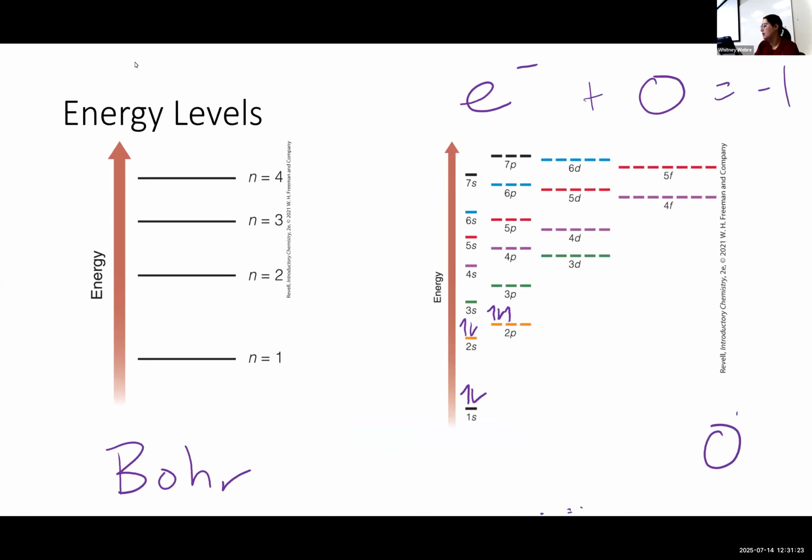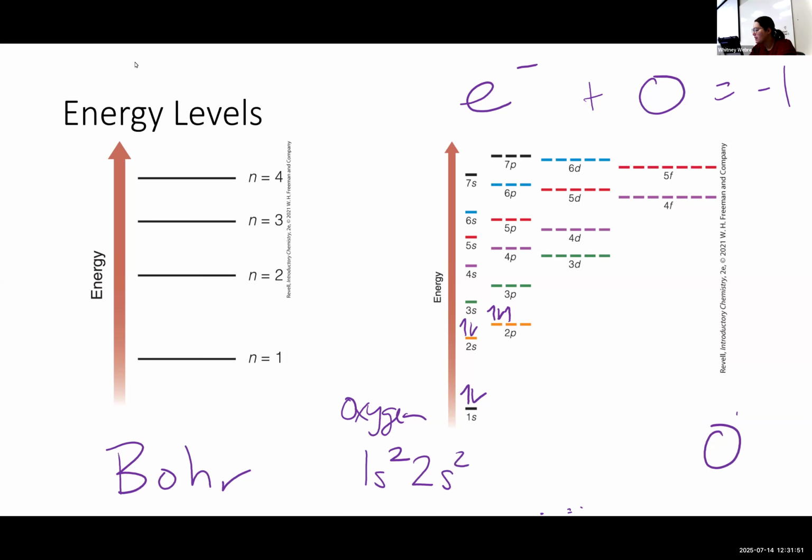So oxygen, I will write down everything. I'm literally taking this picture and writing it down here because I can't always have it. So I'll take 1s, and how many electrons are in the 1s orbital? 2. Next energy is 2s. How many electrons are in the orbital? 2.